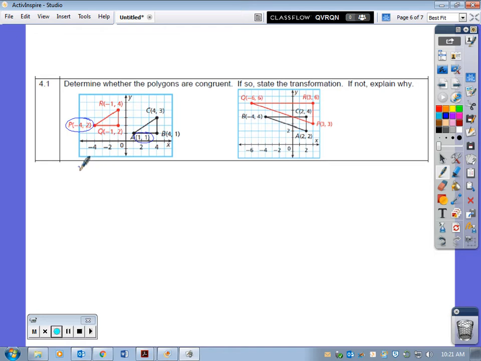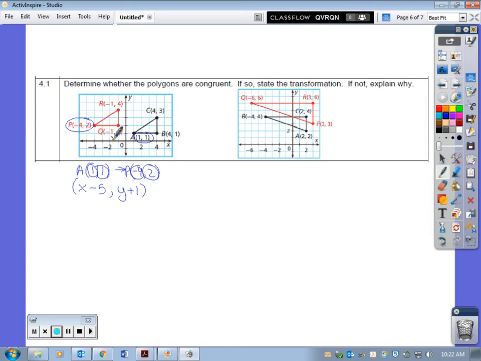So to go from point A, which is 1, 1, to get to point P, which is -4, 2, what would we have to do? So 1 to -4, we would have to subtract 5. So that would be our x minus 5. Okay, to go from 1 to 2 for our y's, we would have to add 1.